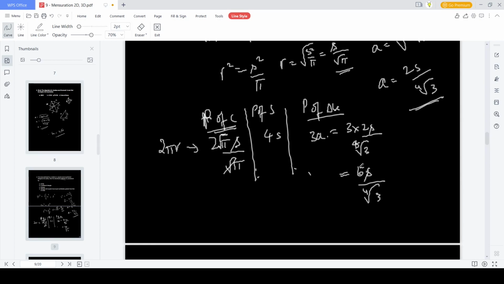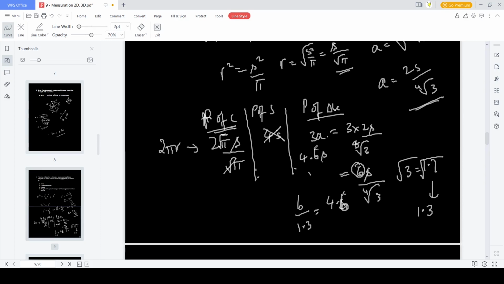See, this is 6 by, root of 3 is 1.7, so this comes as somewhere around 1.3. So when you divide 6 by 1.3, you will get 4.6. So 4.6 into s is the perimeter of the triangle. Definitely the perimeter of the square is smaller than this, so we'll take this. 4.6s is now the maximum.